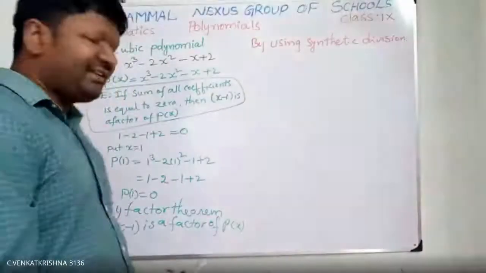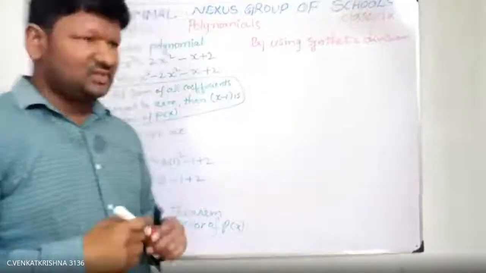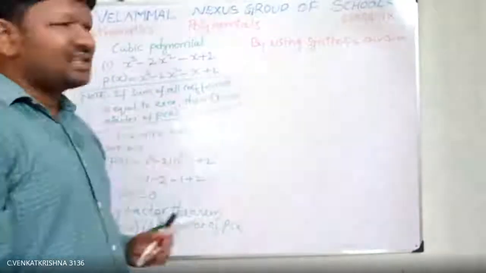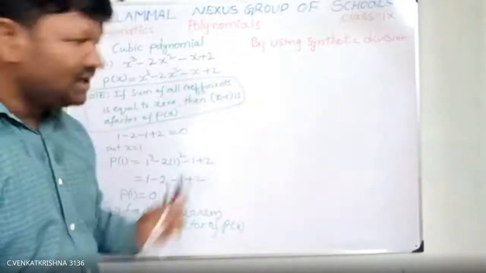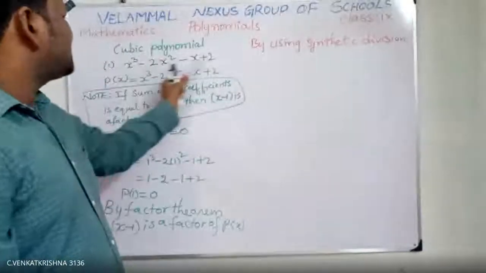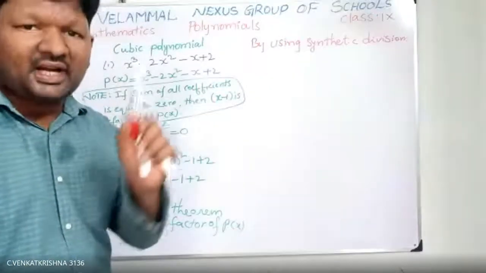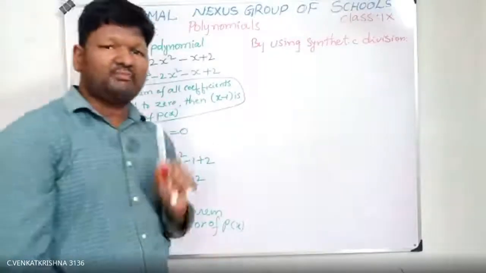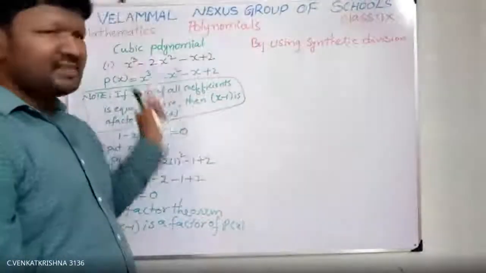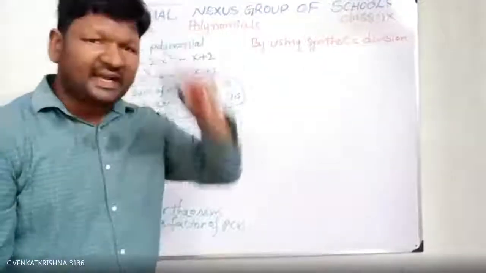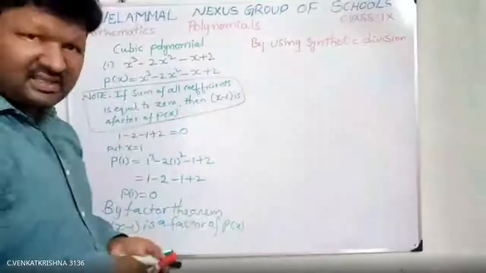So in the synthetic division method, what do we need to write first? The coefficients of the given polynomial in descending order of powers. If any term is missing, keep its coefficient as 0.